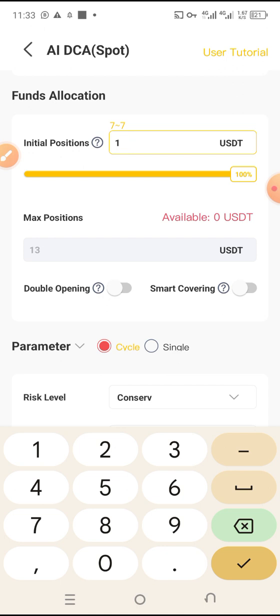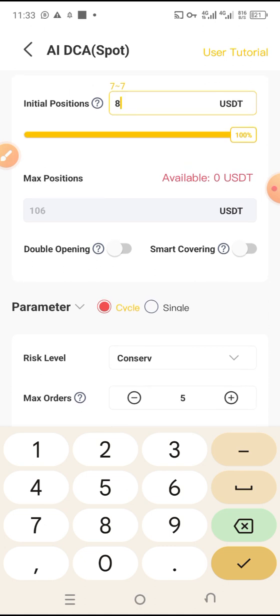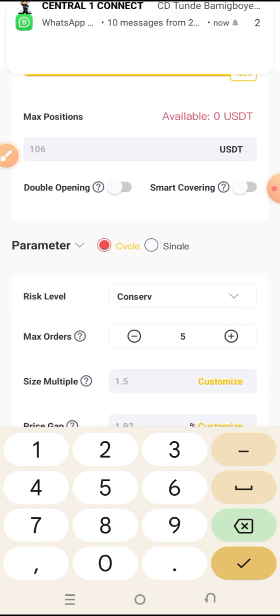So at the beginning, you might just try and trade with probably $8 so that the $106 trading capital is reliable. Then probably when you start making more profits, you start changing it gradually to maybe $9 and then $10 and so on. Then you want to put it on 5 orders.